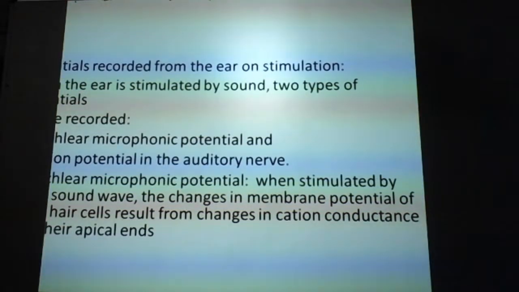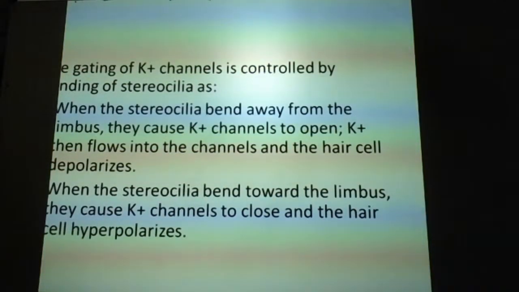When stimulated by a sound wave, changes in the membrane potential of the hair cells result in changes in cation conduction at the apical ends. The gating of these potassium channels is controlled by bending of the stereocilia. These cilia bend.